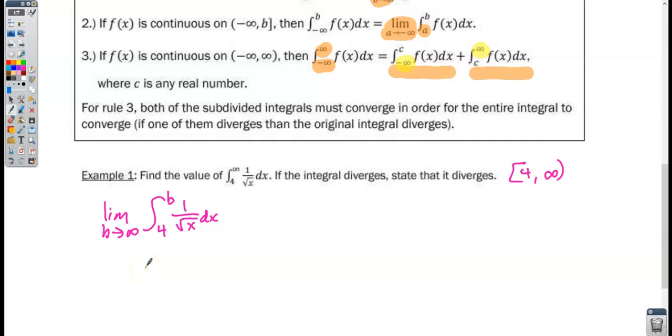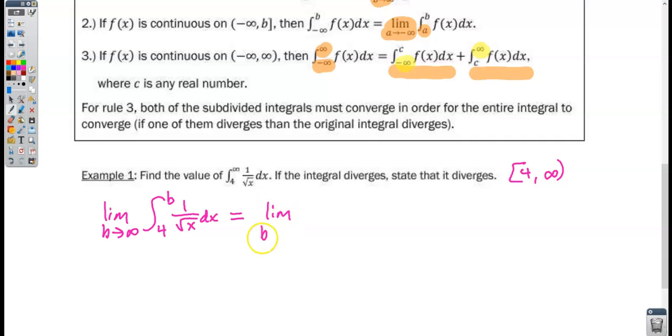All right, so now I want to integrate. Okay, so I'm going to find the antiderivative of 1 over the square root of x dx. I know that that antiderivative is going to be 2 square root of x.